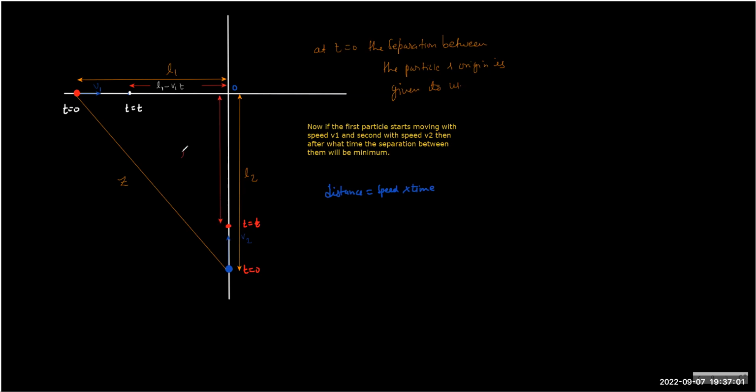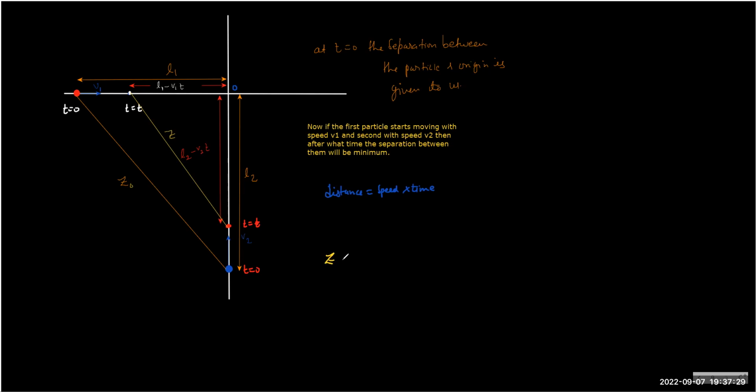So what is the new separation? If I say the initial separation is Z naught, the separation at any instant of time t is Z.